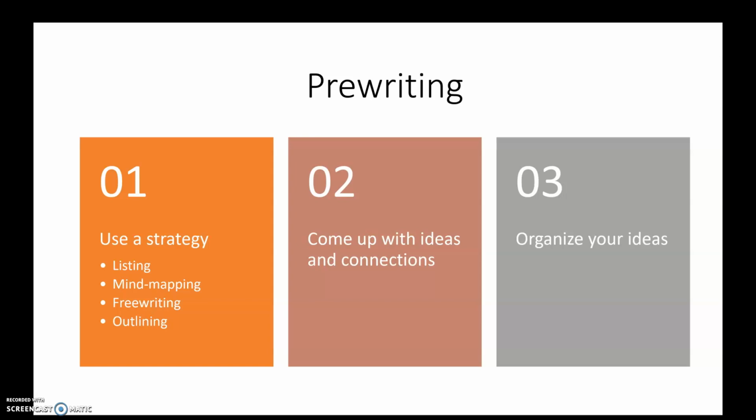It might not be particularly useful to free write for a persuasive essay. There are too many directions you can go in. You might want to start listing first or outlining first. So you want to choose the strategy that works best for the type of writing you're doing and that works best with your writing process. And that's something you'll learn with practice.